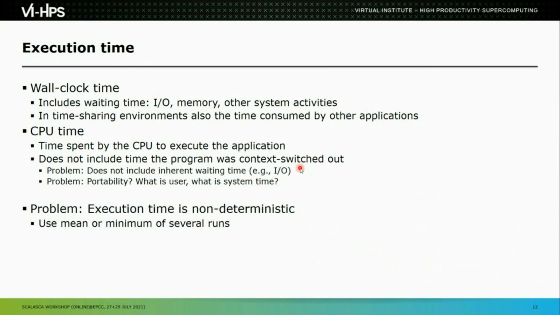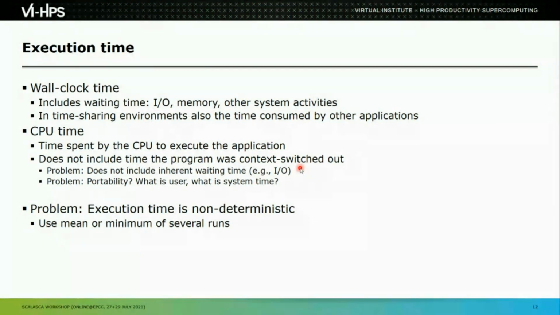But just looking at the wall clock execution time covers a lot of different aspects, including the file I/O, including the memory accesses, other things that are happening on the system, on the nodes at the same time. So if you're sharing a compute resource, this is something that will have an impact on those wall time measurements. On dedicated HPC systems like Archer here, you're going to be using dedicated resources, or we'll be showing you how to use the batch system to use dedicated resources.